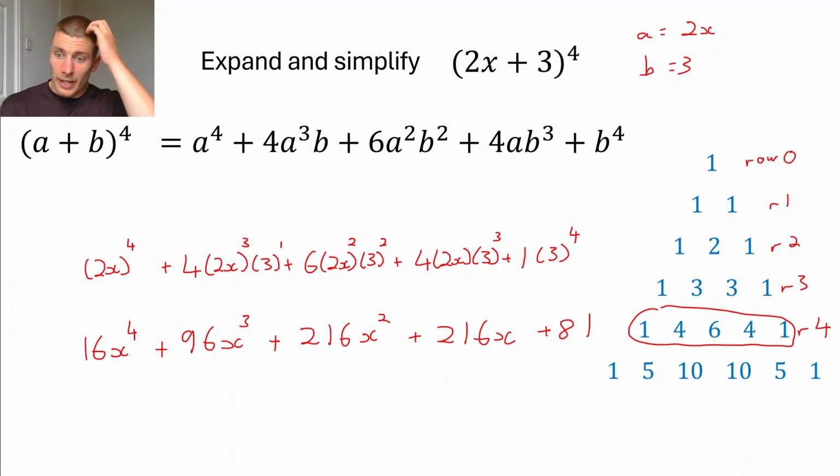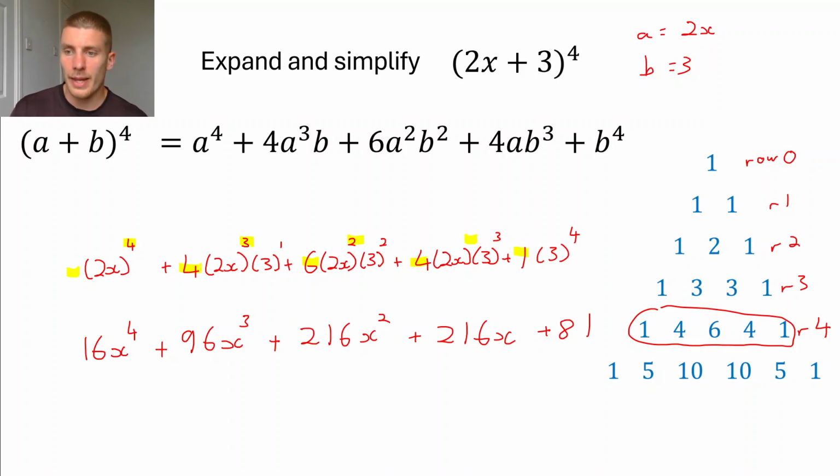Okay? So just to really quickly recap, we began by getting the coefficients of every single term. So, you know, initially we had the 1 here, the 4, 6, 4, and the 1. I got rid of the 1 here, didn't I? Because you don't need to write it. You then make sure that the power of A is 4, and that reduces by 1 every time: 4, 3, 2, 1, and then 0.